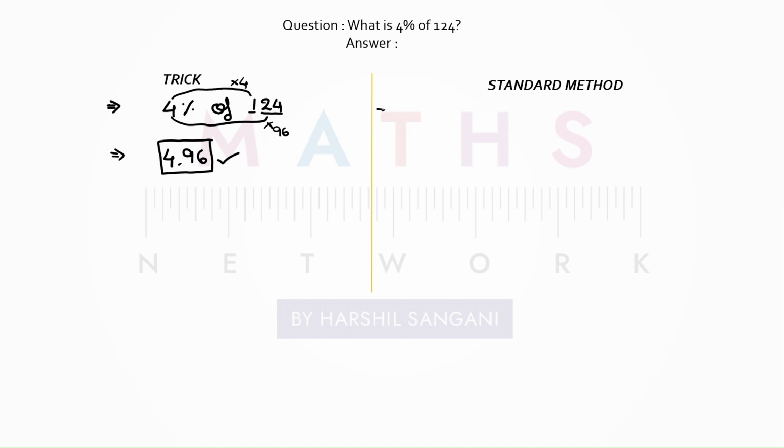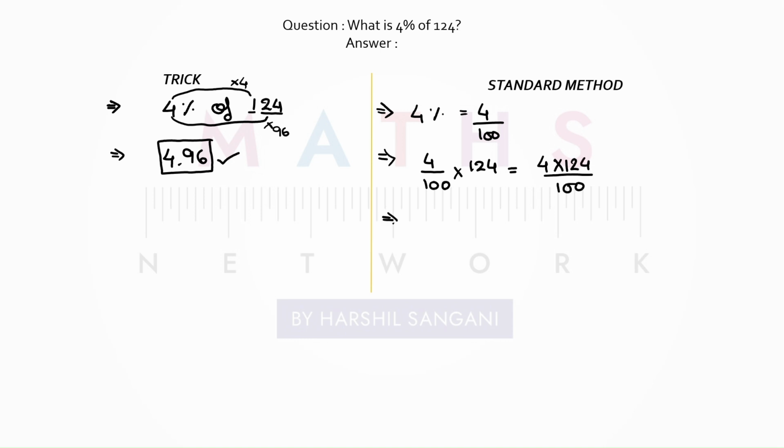Now we shall verify it using the standard method. So guys, we can write 4% as 4 upon 100. Now we take 4 upon 100 and multiply it with the given number, that is 124. So we have 4 upon 100 multiplied by 124, which leads us to 4 multiplied by 124 upon 100.